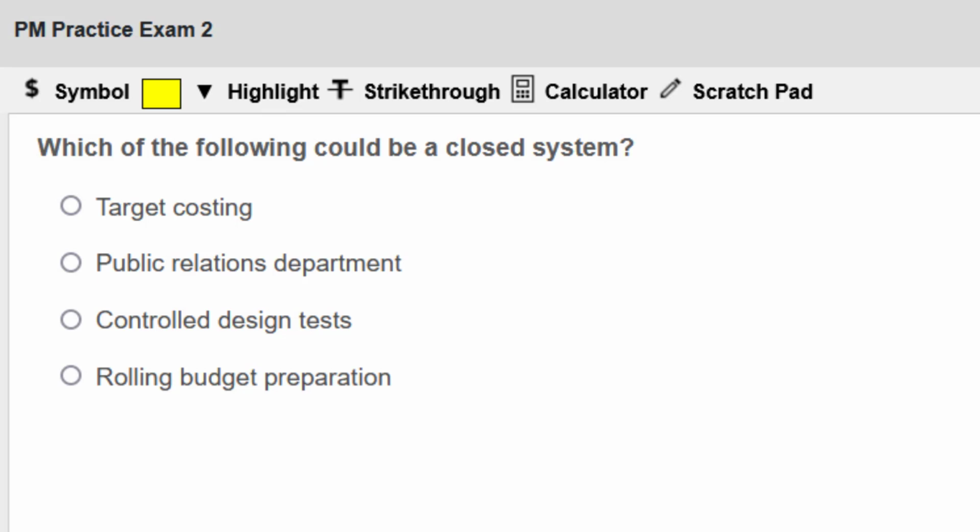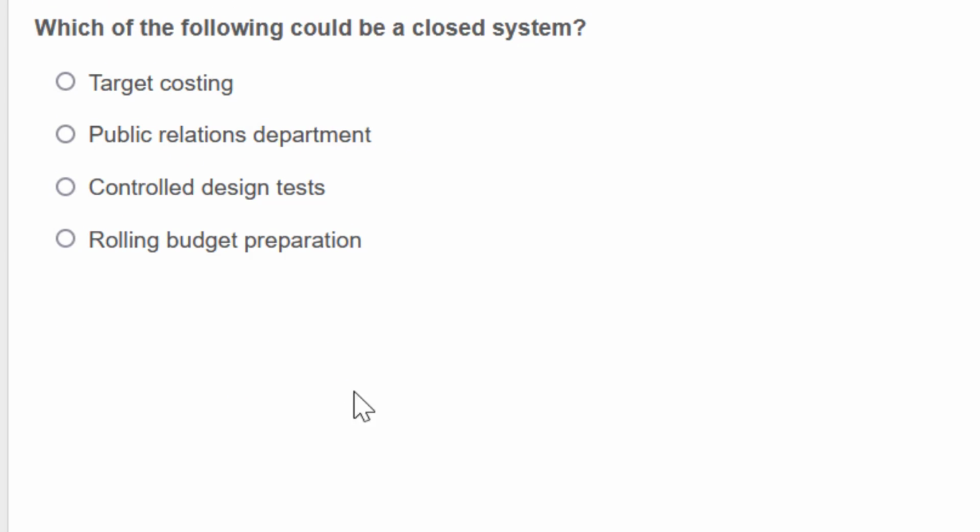Maybe we update our exchange rates, or maybe we update the cost of a volatile commodity. So a rolling budget needs external information. So by elimination, we can get to 3, and a controlled design test, well, that's going to use internal information. So the most plausible, the best answer is option 3.